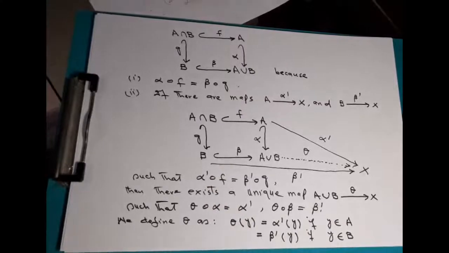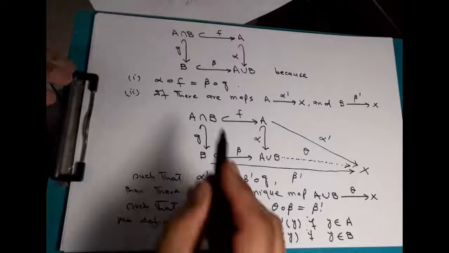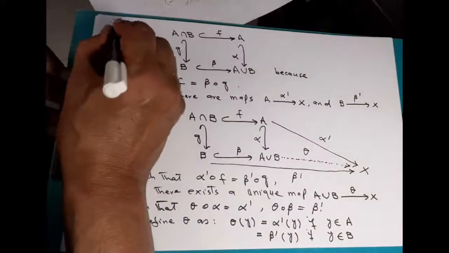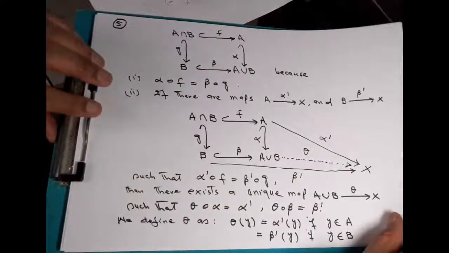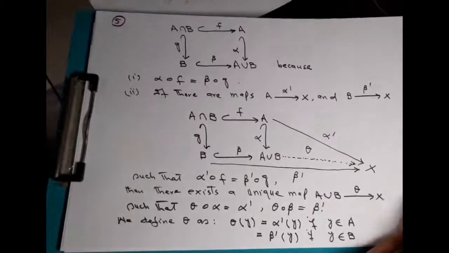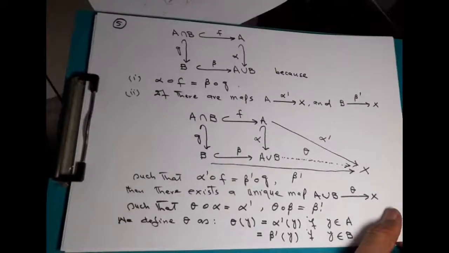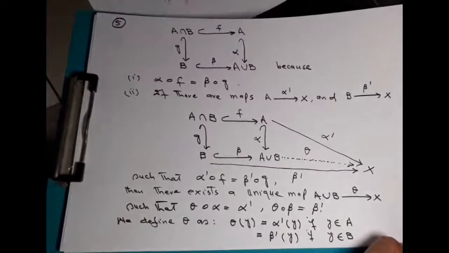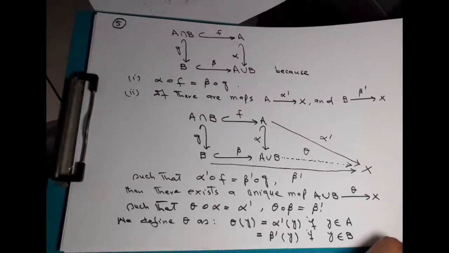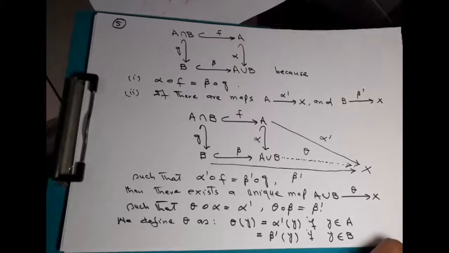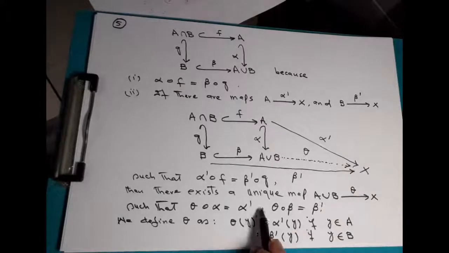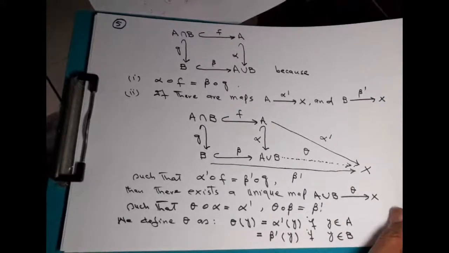So this is the way we define the map theta, and it is very easy to verify the conditions that theta composed with beta is equal to beta dash, and theta composed with alpha is equal to alpha dash.